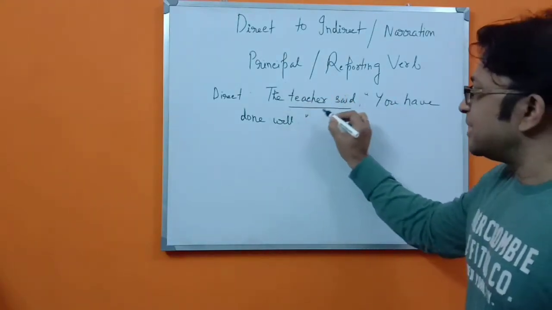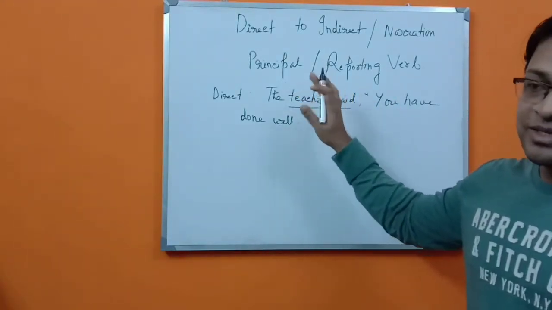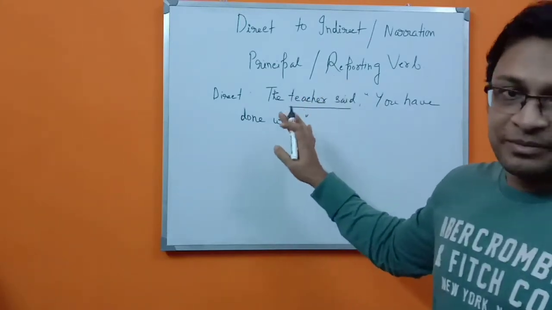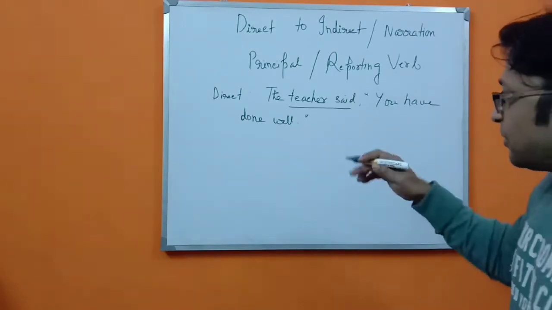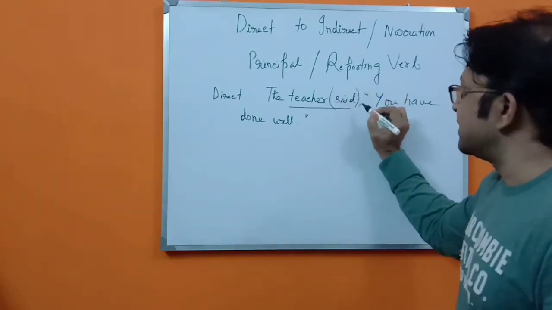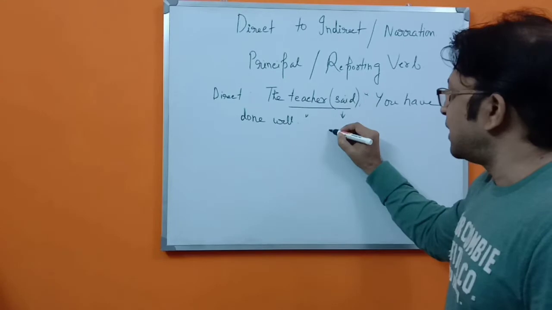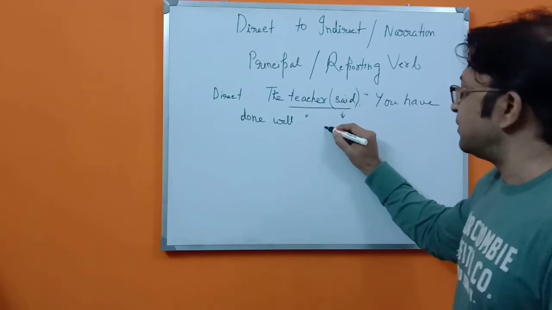this is the subject, the thing by which everything is going to be changed accordingly. Not only that, the most important part is this. This is called the reporting verb or principal verb.